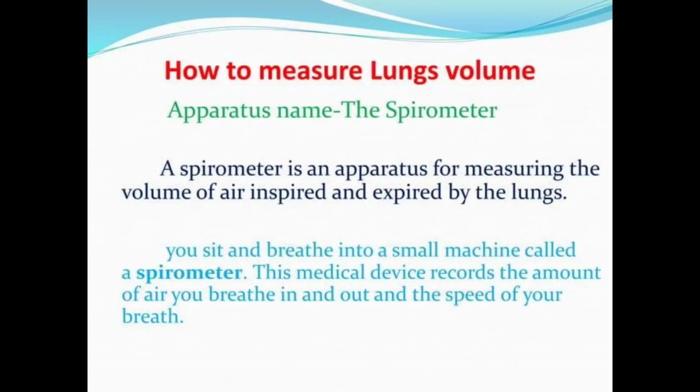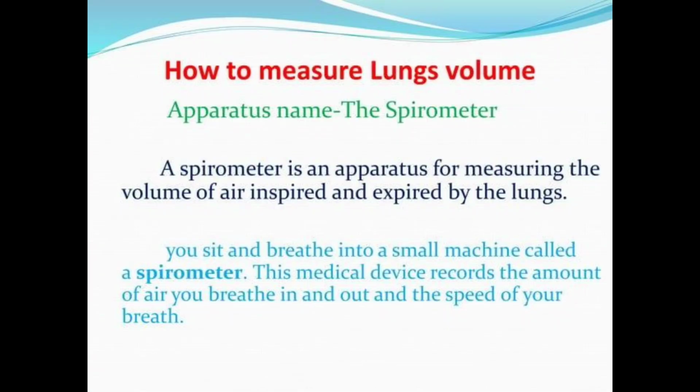Next question is how we measure the lung volume. Air is going inside and coming outside as we inhale and exhale, but how can we measure this volume of air? It is measured with a spirometer. A spirometer is an apparatus for measuring the volume of air inspired and expired by the lungs. You sit and breathe into a small machine called the spirometer.